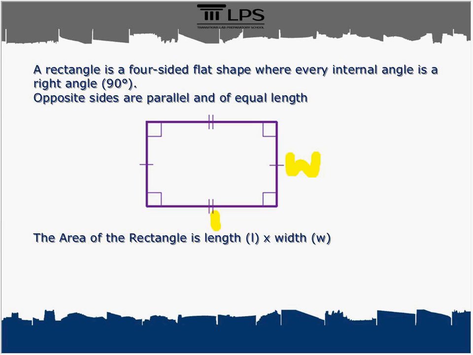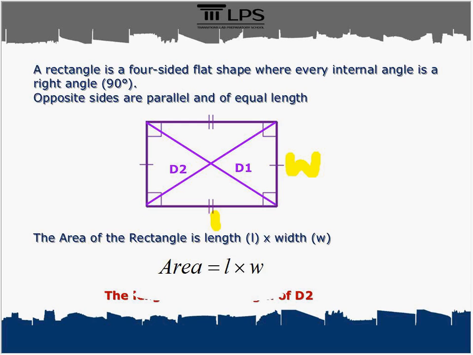There is one angle which is 90 degrees. So now this is a diagonal. I will call this diagonal D1. Then comes the other diagonal, D2. D1 is the length of D2. Okay, have the slide.